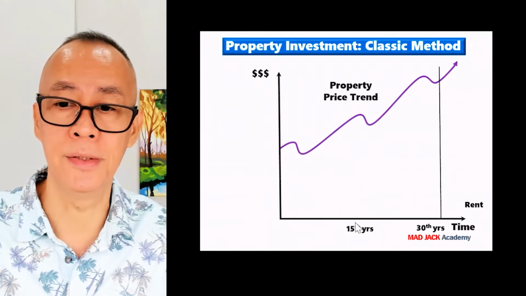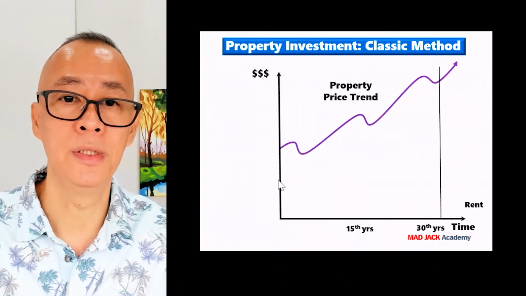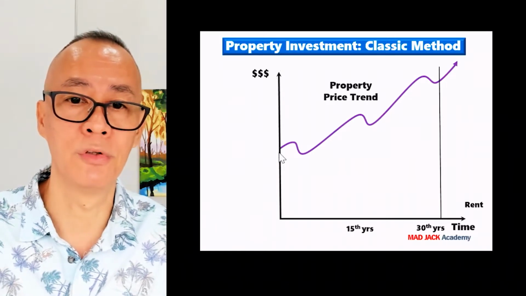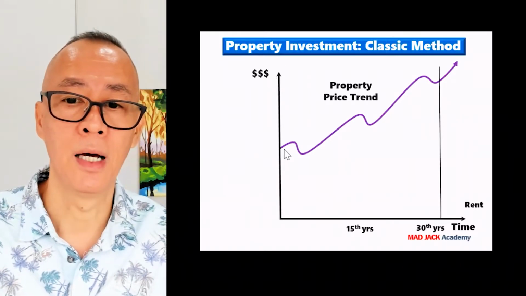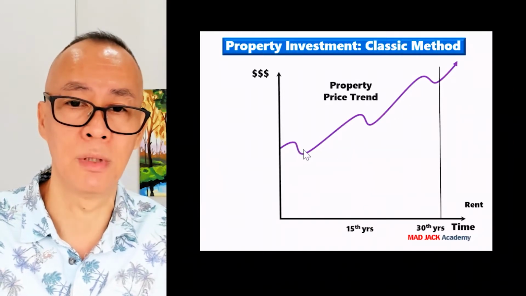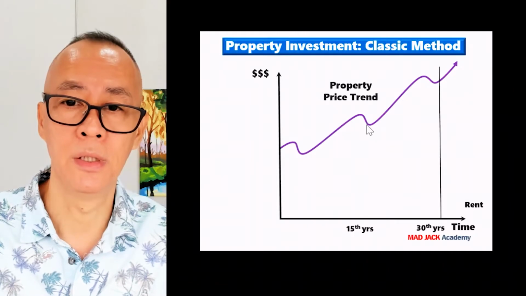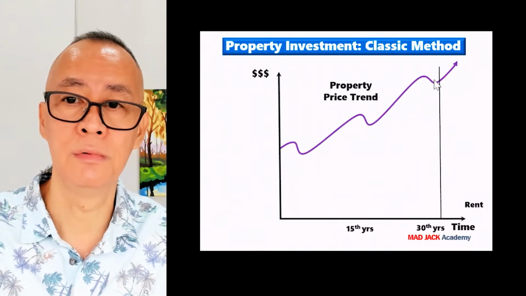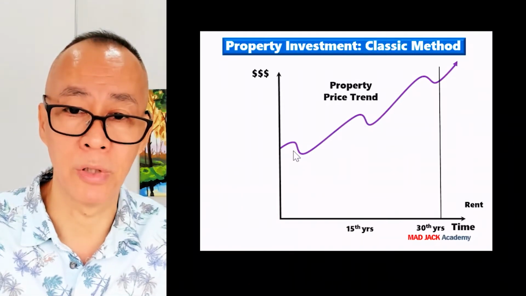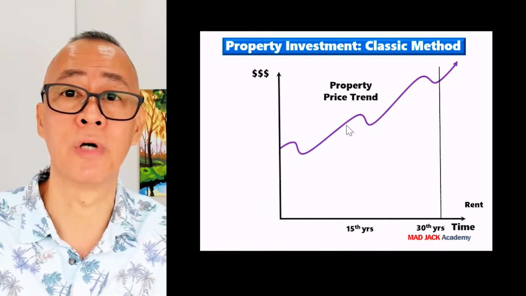So this line is the time, the other one is the dollar value. For example, you buy a property here, over 30 years, most likely it will rise. There are corrections along the way. For example, a recession may be coming or happening, so the price will correct for a period of time, then it will start to rise again.